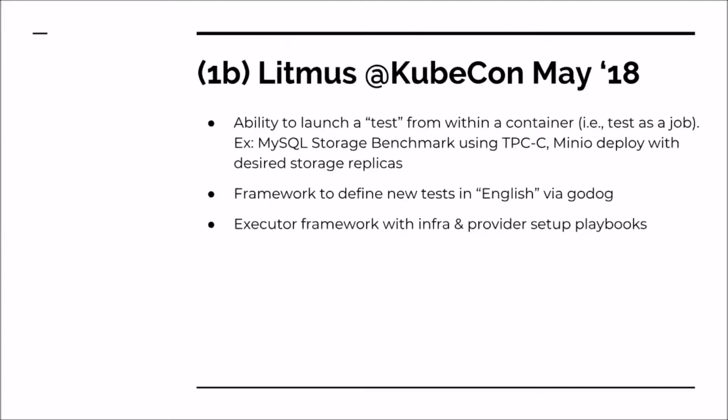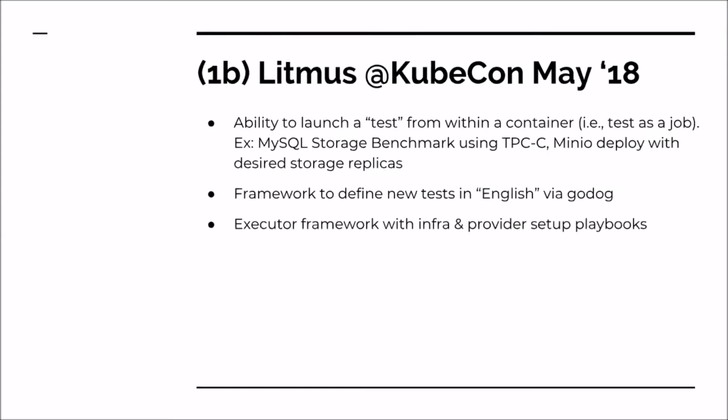All these tests were basically Kubernetes jobs. When you launched the Kubernetes job, the resulting pod would actually run the test. It would launch the application along with a given storage provider, perform the necessary test business logic, and end. This was more like a proof of concept to show how tests could be run from a container.